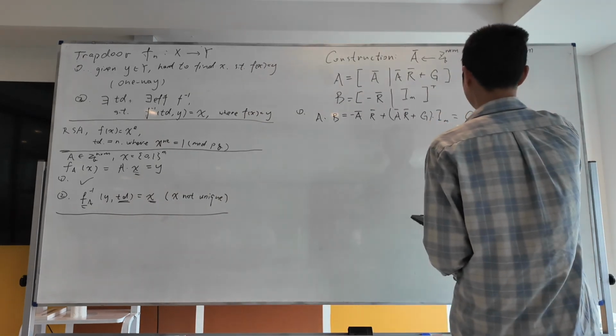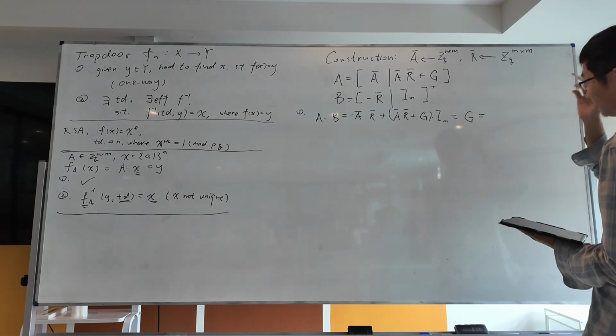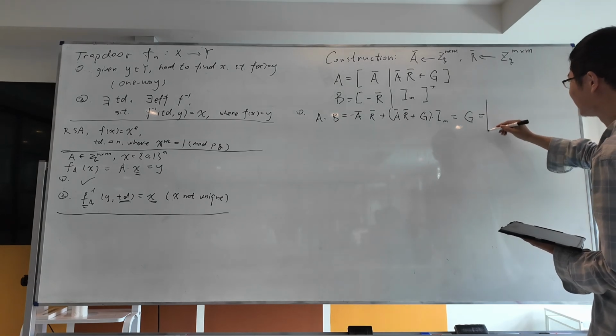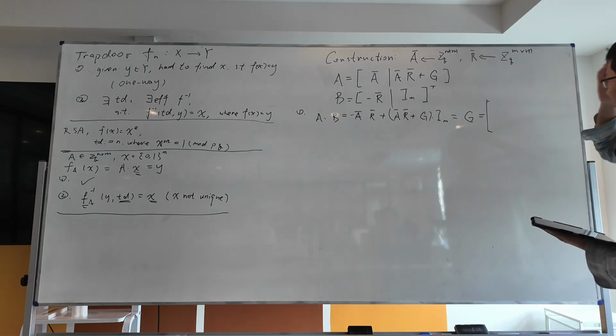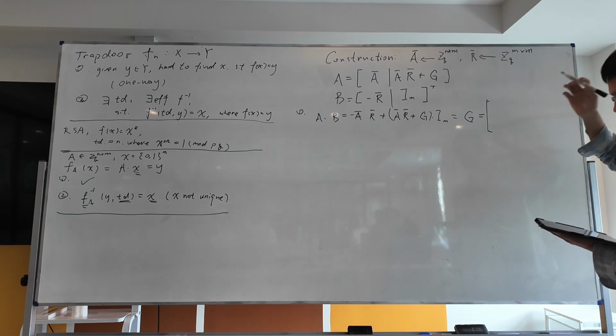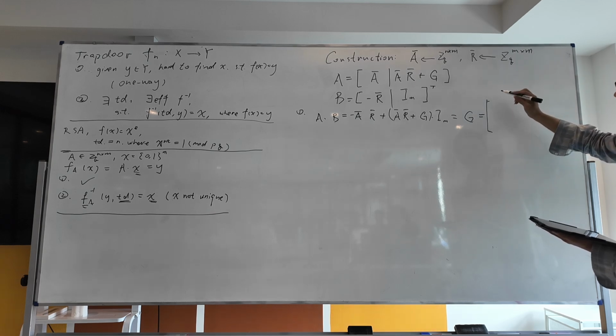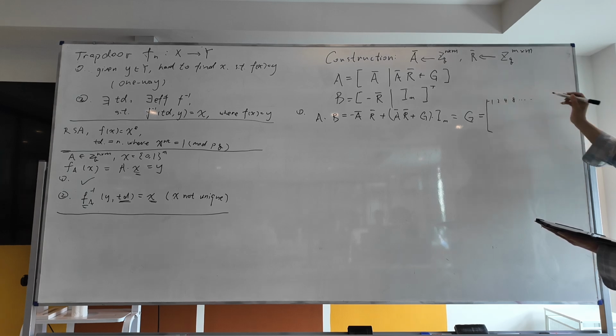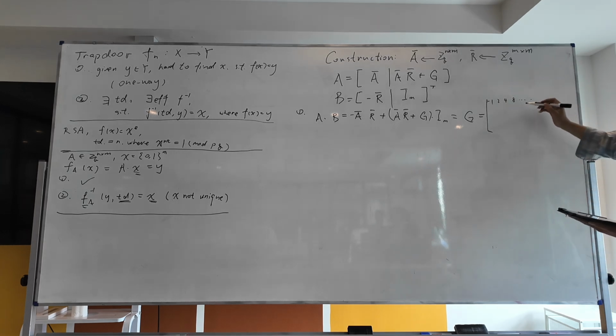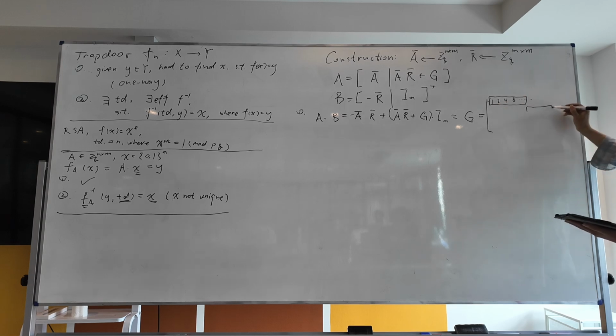I'll define G now. G looks like this: its first row is 1, 2, 4, 8, and so on, and the second row is again 1, 2, 4, 8, and so on and so forth.